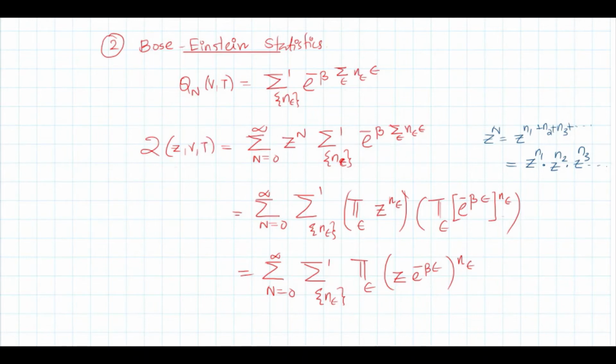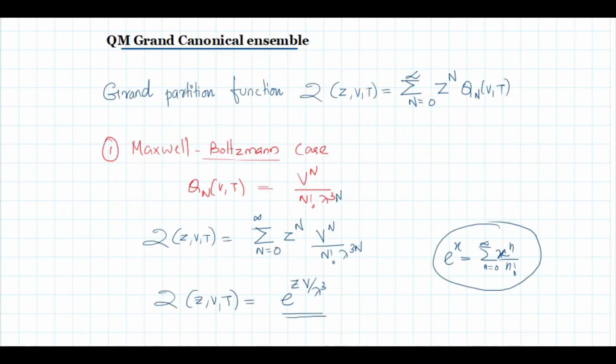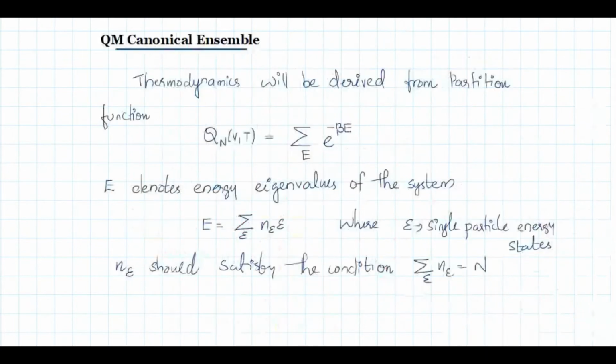There are two summations. The first summation runs over all the allowed distributions. Okay? That is, allowed distribution means this n epsilon can take only a few allowed values. For example, we consider one example.